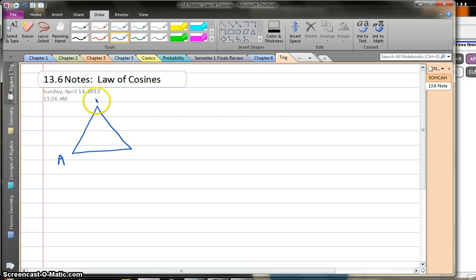So in triangle ABC, across from angle A we'll call little a. Across from angle B we'll call little b, and across from angle C we'll call little c. Now, the first formula says a squared equals b squared plus c squared minus 2bc times the cosine of angle A. Now, there's two more formulas.